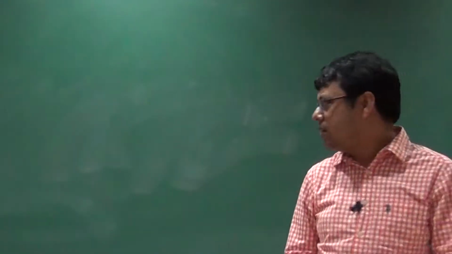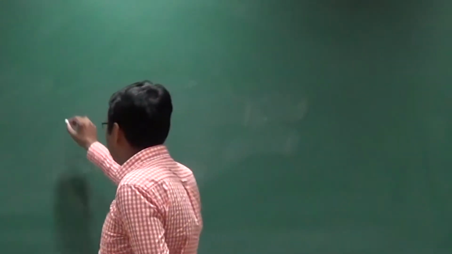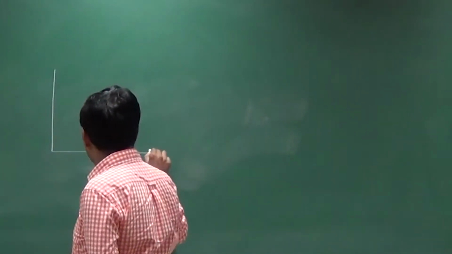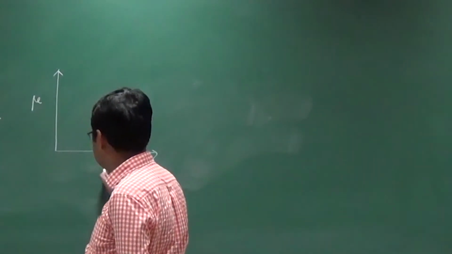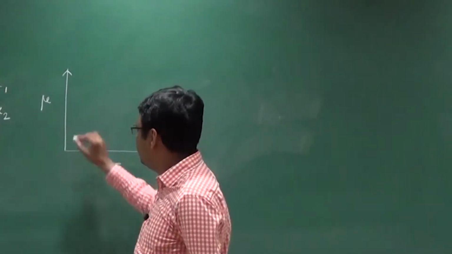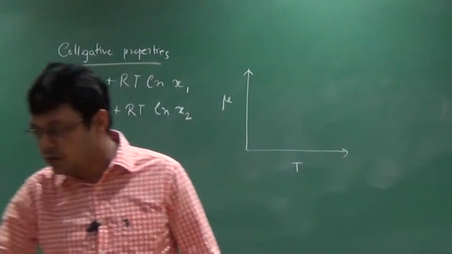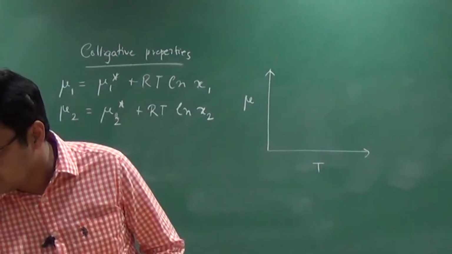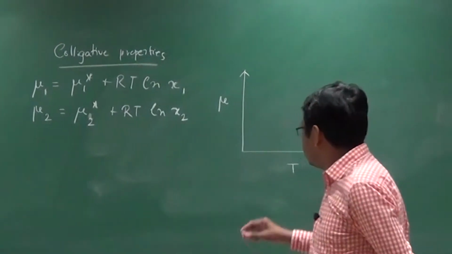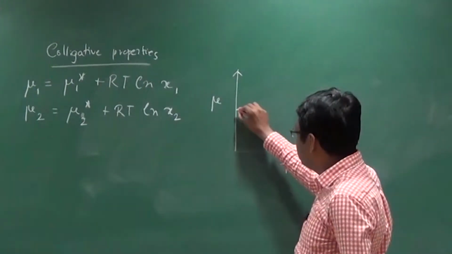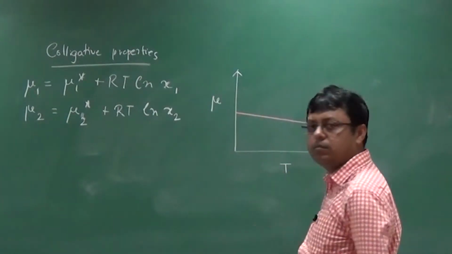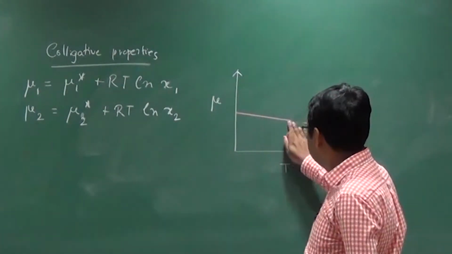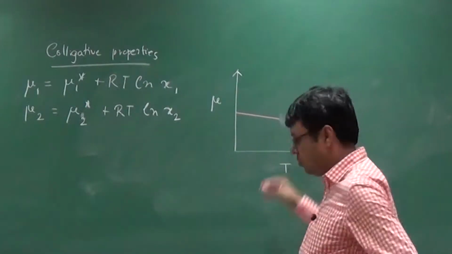Now that can be very well understood from this mu versus T curve, which we already discussed. And if you remember, we need to use different colored chalks. So for example for solid, mu does not change that much with temperature.